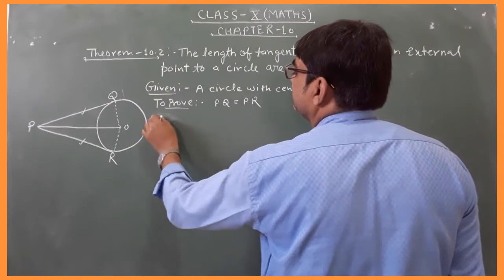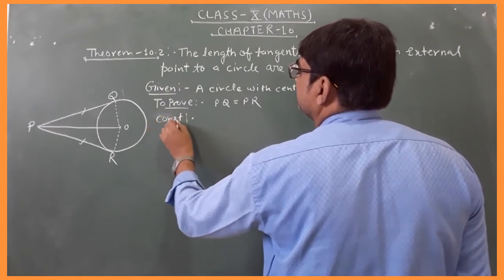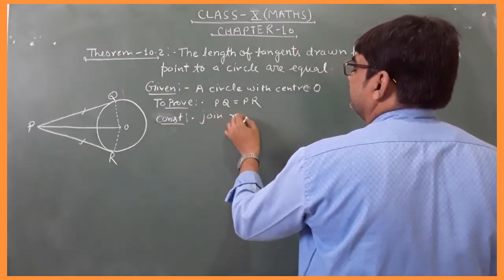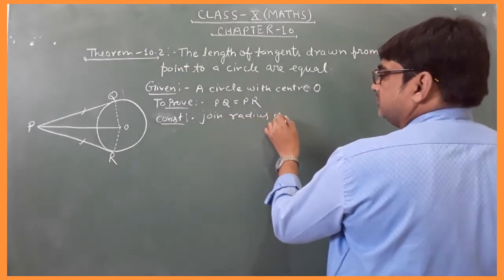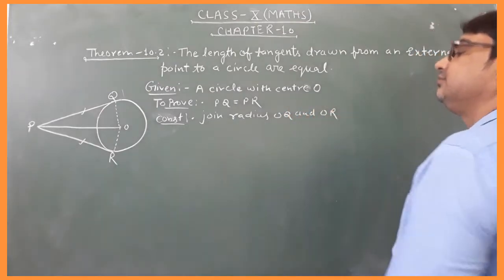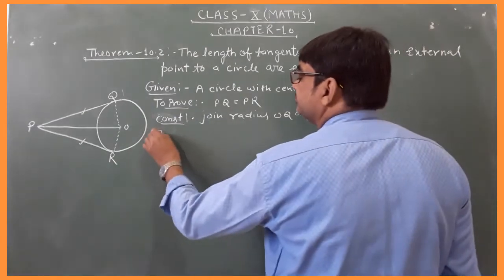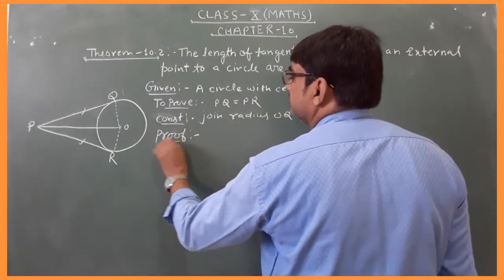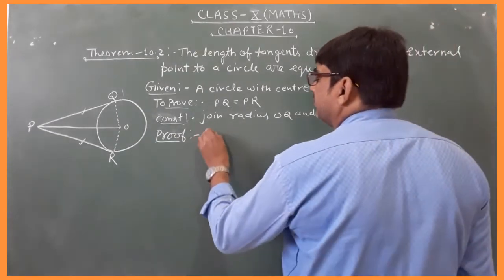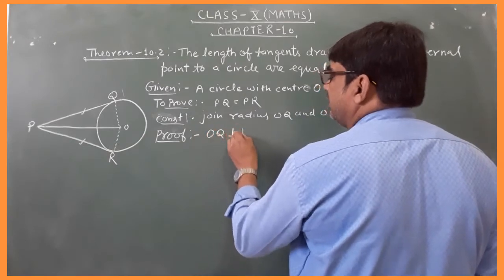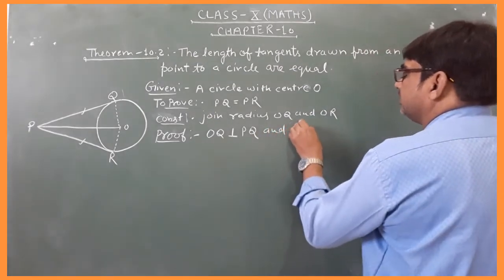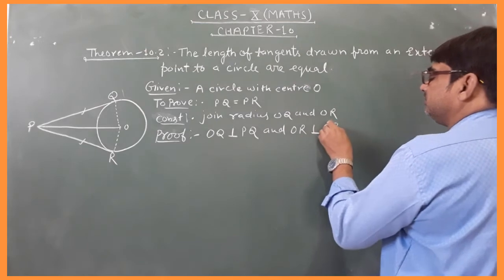थोड़ा कंस्ट्रक्शन कर देते हैं। Join radius OQ and OR। Proof: OQ is perpendicular on PQ and OR is perpendicular on PR.